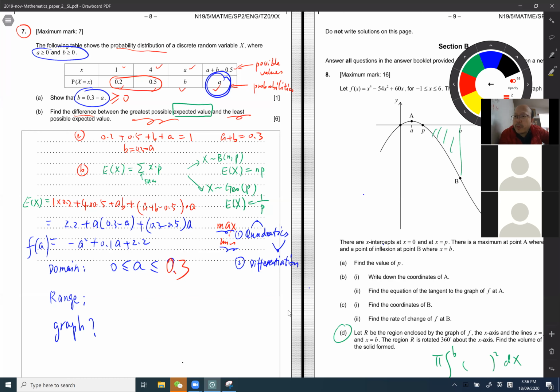This is a typical parabola. If you ask you to sketch the graph, A goes from 0 up to 0.3. If A equals 0, we got 2.2. How about A equals 0.3? What's the value?